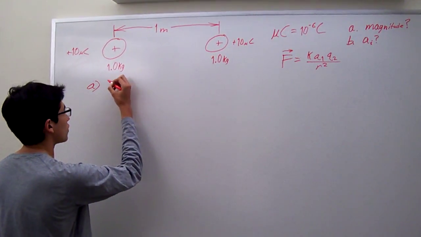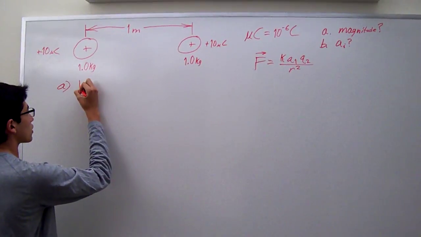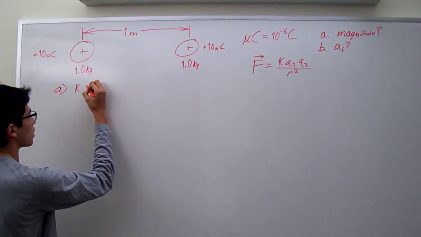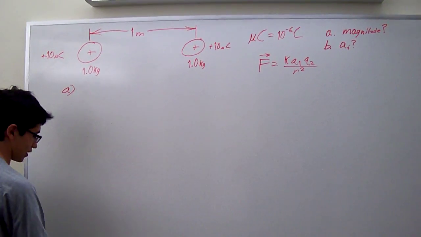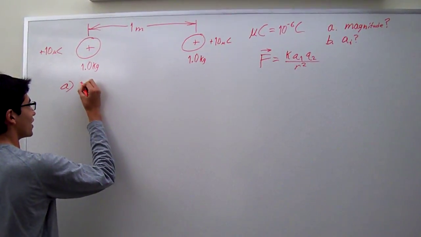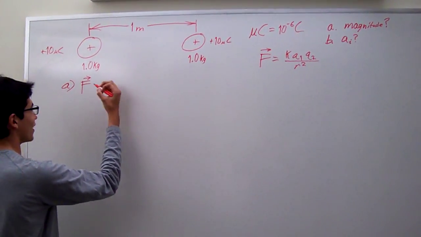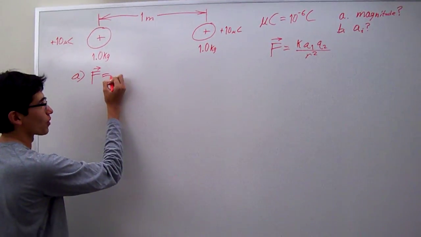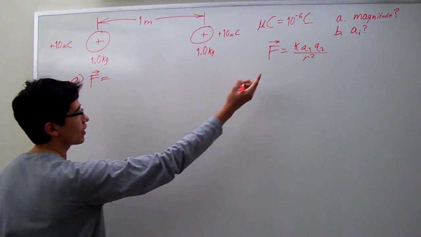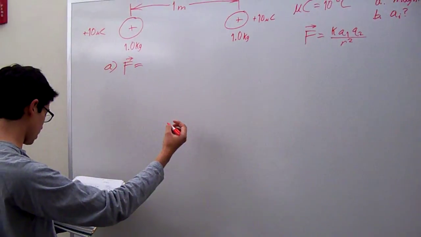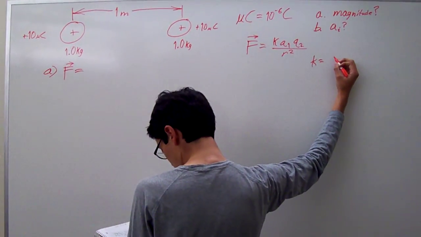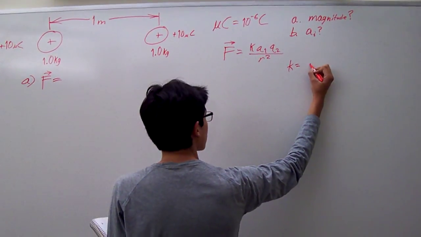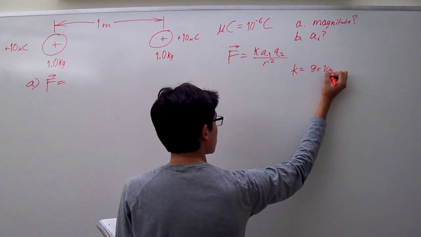Let's write F first. So the force equals K, which is 9 times 10 to the 9th.